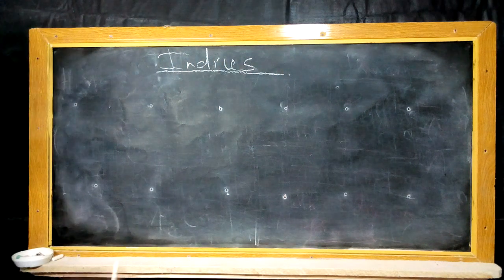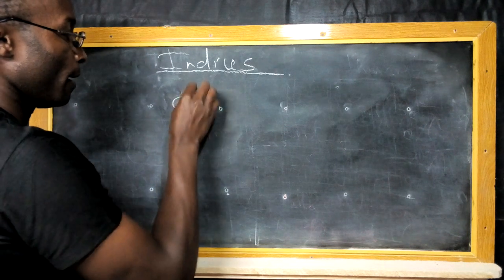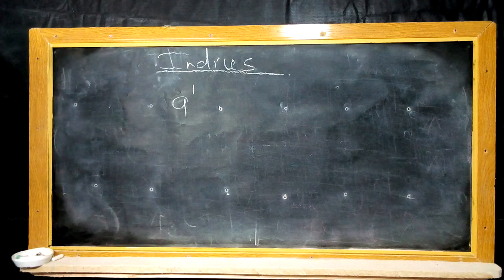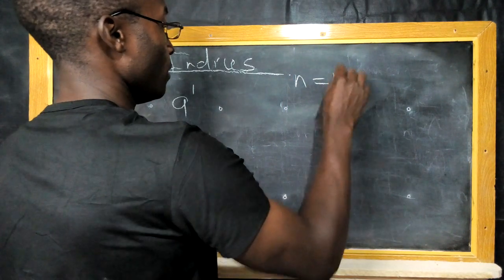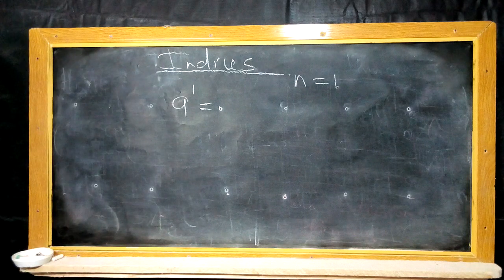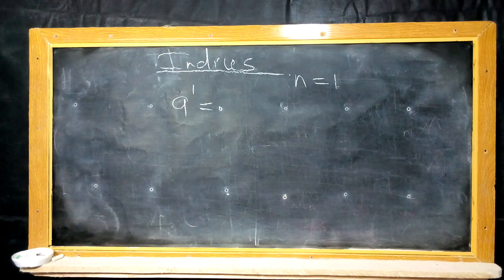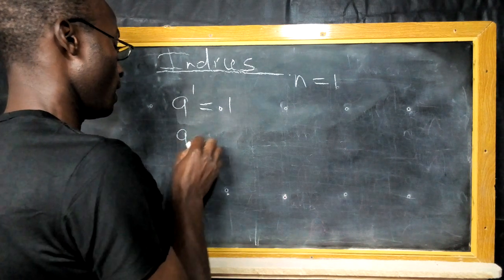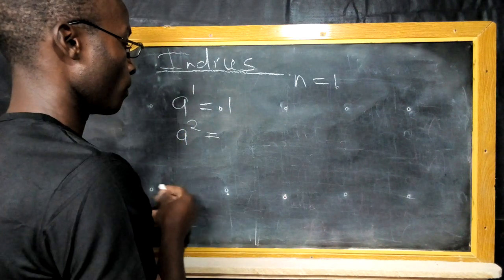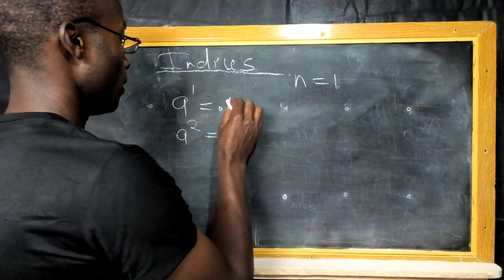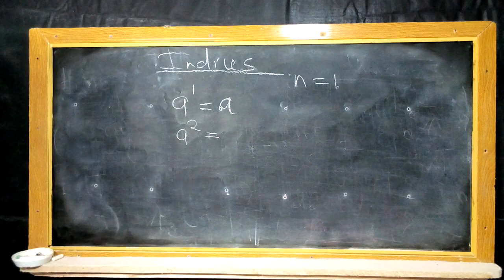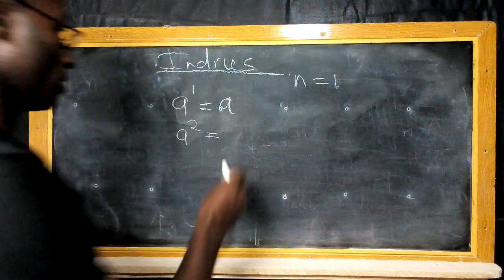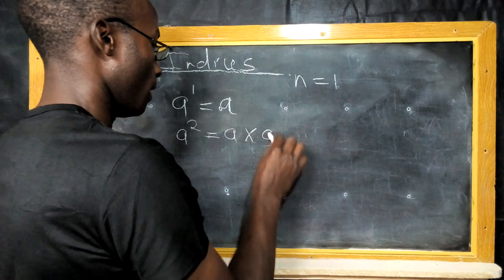For instance, if the value of n is 1, maybe n equals 1, then we find that a to the power n will give us a. If it's a raised to 2, this is just a. A raised to 1 is a, and then a raised to 2 implies that we have a times a.